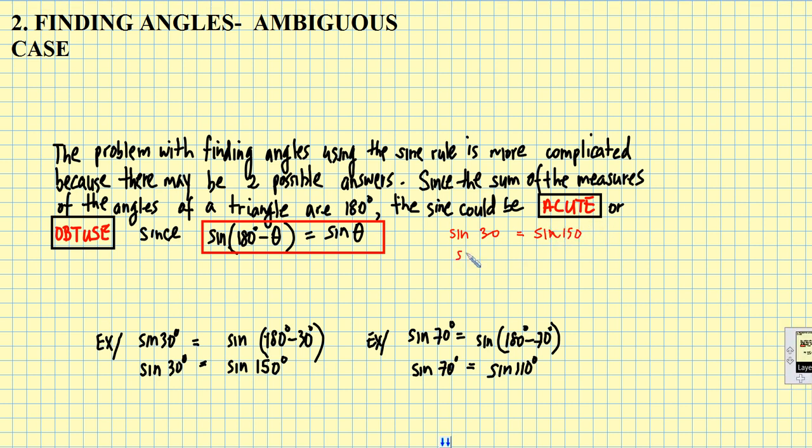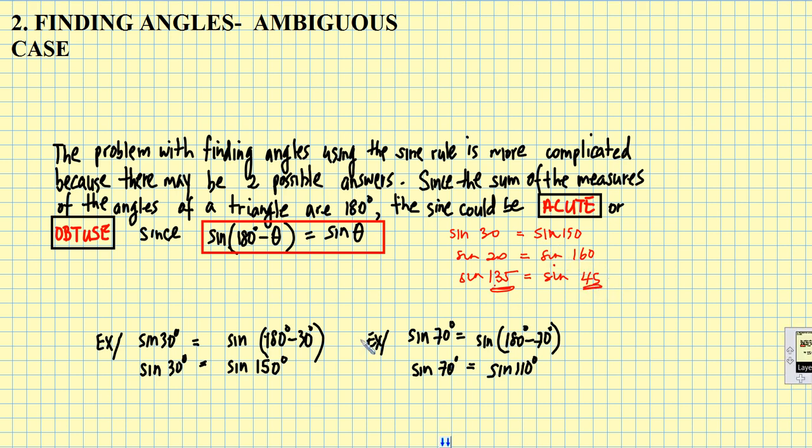I said the sine of 20 equals the sine of 160. And another example, the sine of 135 is equal to the sine of 45. Okay? So the angle measures added together have to equal 180.